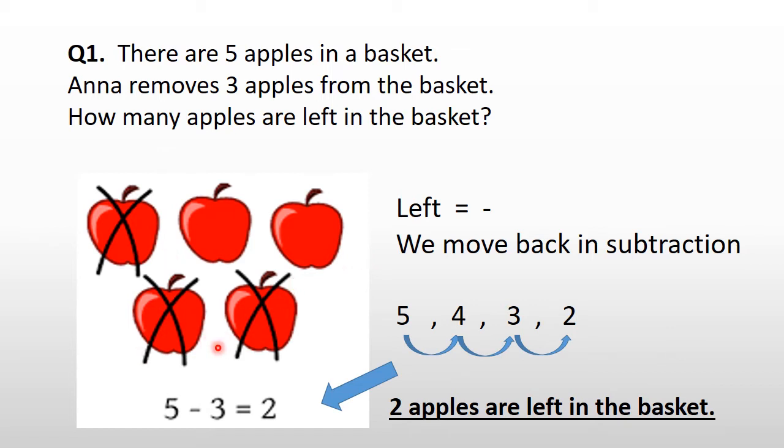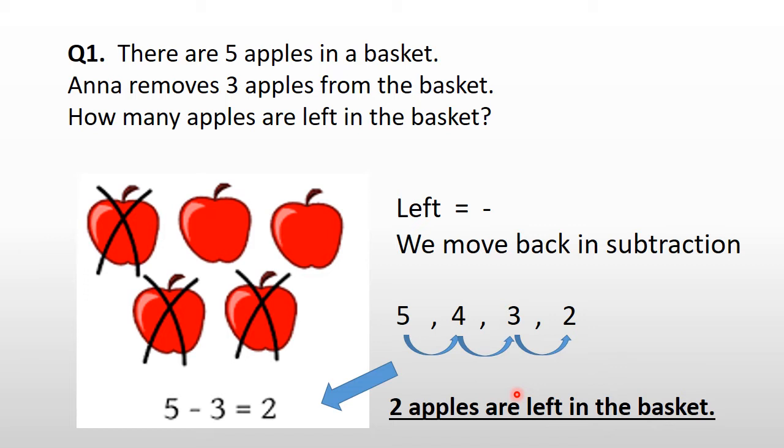I just removed 3 apples. So how many apples are left in the basket? 1 and 2. So I could have simply written: 2 apples are left in the basket. I used the picture here to find my answer, right? From 5 apples I cancelled 3 apples and my answer was 2. So 2 apples are left in the basket.